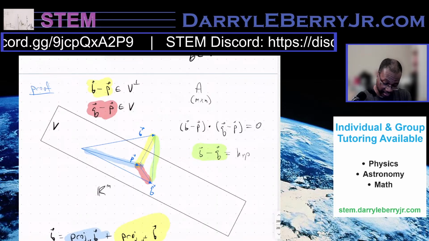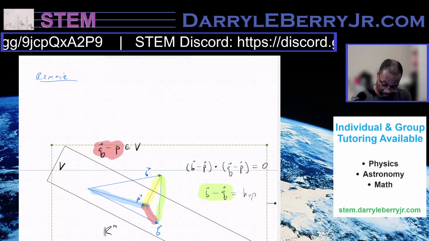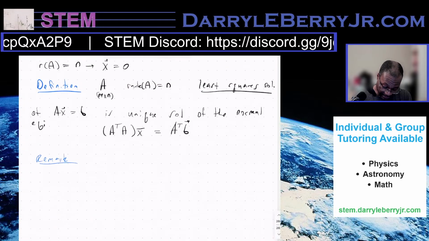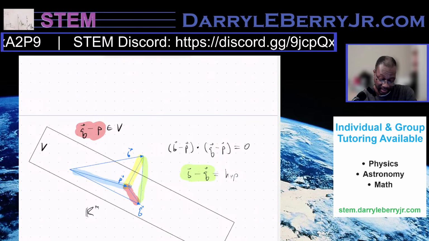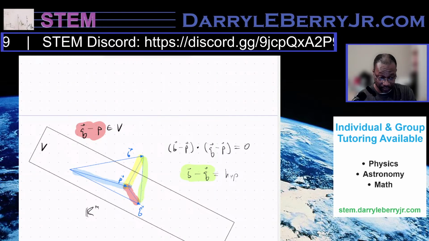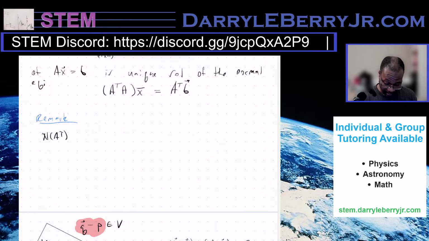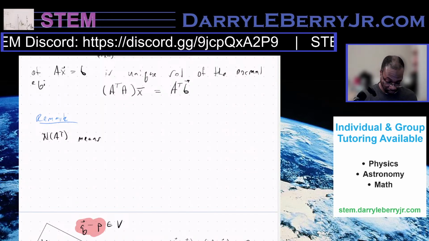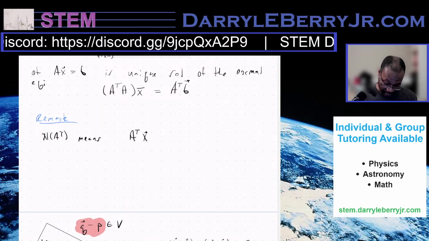Right? So I'm gonna copy this illustration down. B minus P, which is the yellow line, is in the null space of the transpose of A. So the null space of the transpose of A means the solution A^T X equals 0.